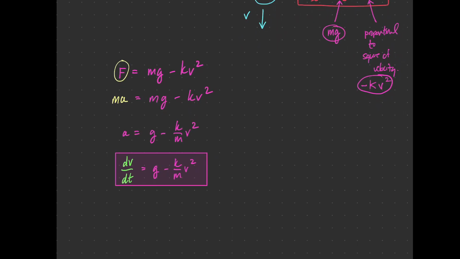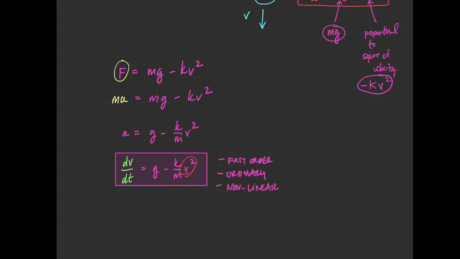We note it is first order, right? We note it is ordinary, but it is, so it's ordinary, it's first order, but it is nonlinear. Why is it nonlinear? Because we see that v has a power of 2, right?